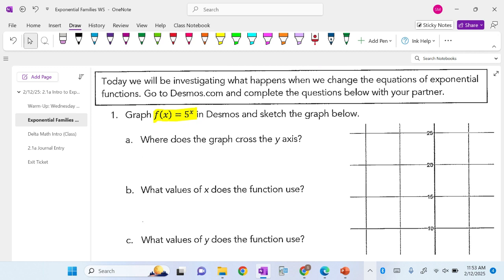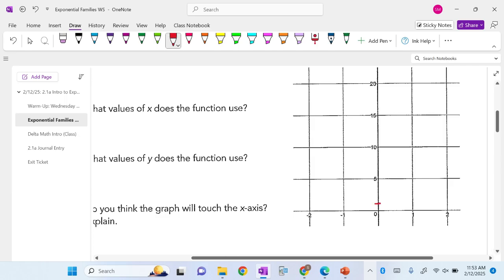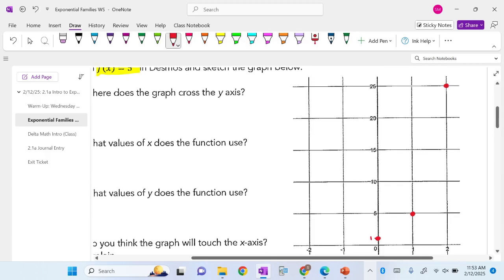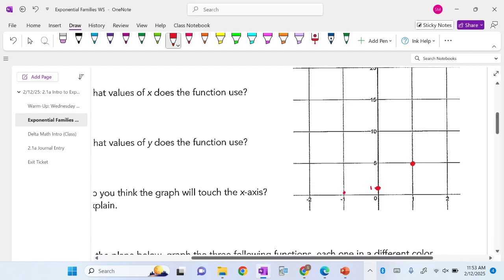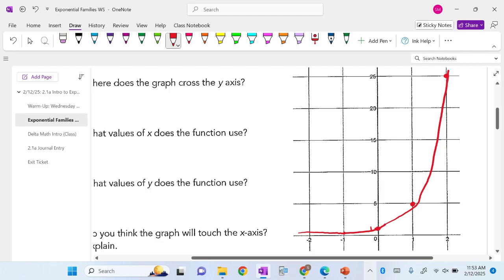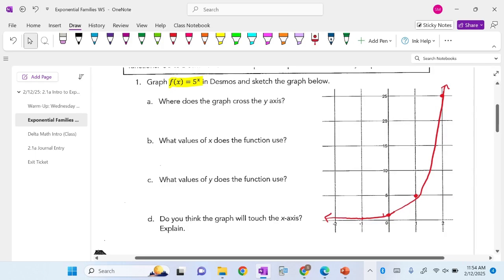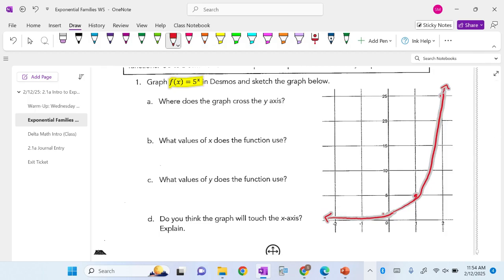Do not answer any of the questions yet. And your sketch doesn't have to be exact. Just try and get it fairly close.